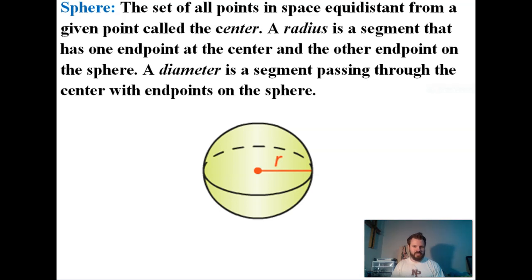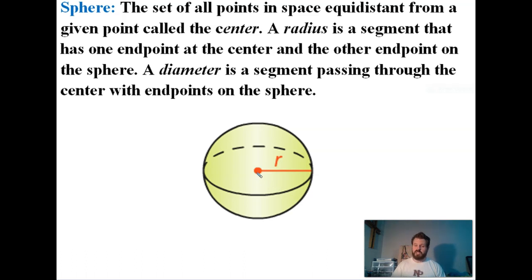All right, so first off, definition for a sphere. I'm going to say it's the set of all points in space equidistant from a given point called the center. Basically we can think of a sphere as a ball, but we have a center. It's all the points that distance from the center all the way around. A radius is a segment that has one point on the center and the other point on an endpoint of the sphere.